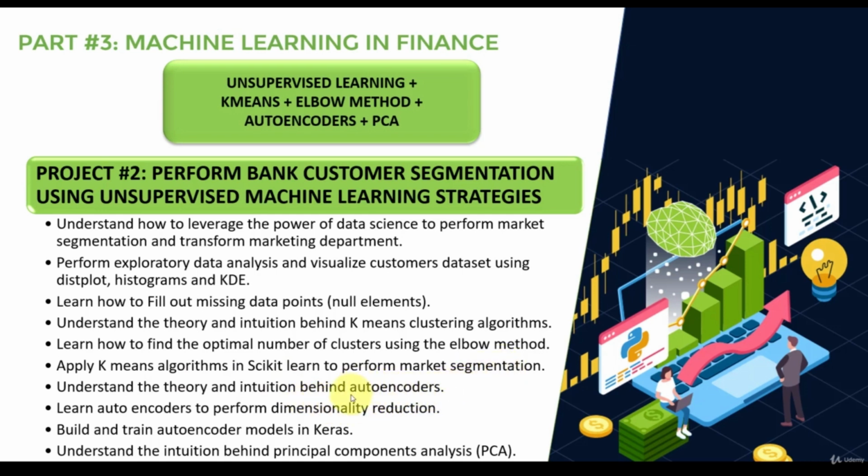We will also learn about autoencoders, how to do dimensionality reductions, and how to build and train autoencoders using Keras. And finally, we will learn how to apply what we call principal component analysis to perform dimensionality reduction using real-world data sets. Again, here is a summary: unsupervised learning, k-means, elbow method, autoencoders, and PCA.